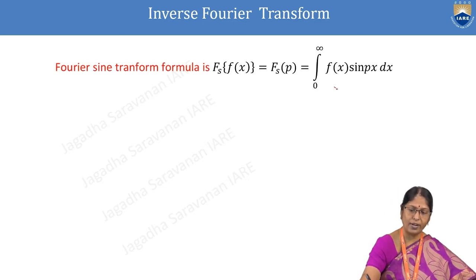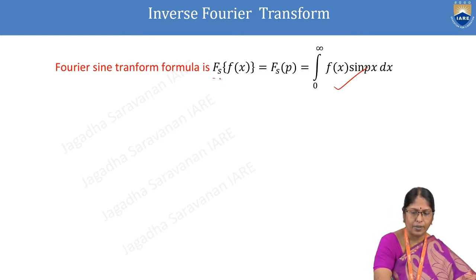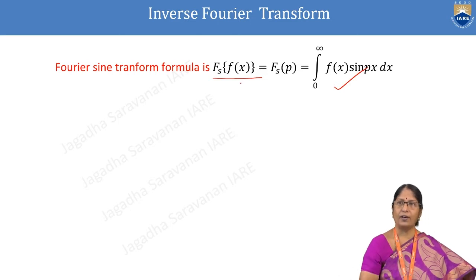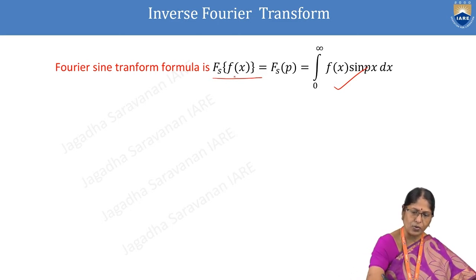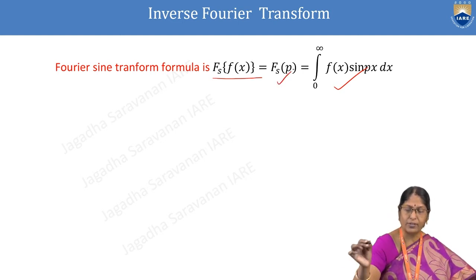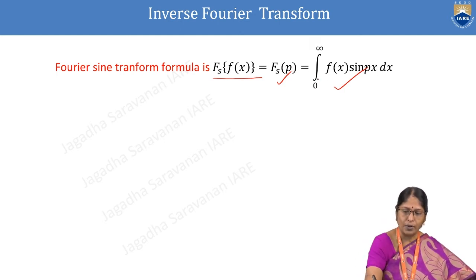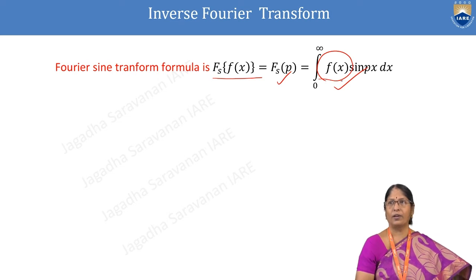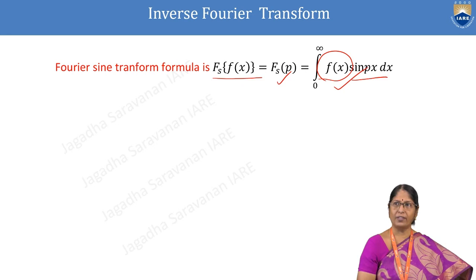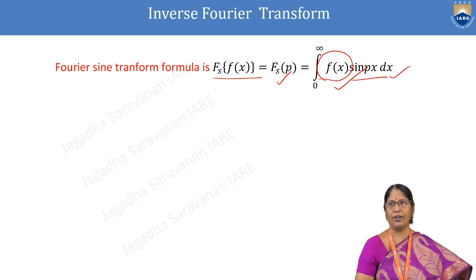So we are now concentrating on the Fourier sine transform formula, that is capital Fs of the function f of x. The Fourier sine transform of the function f of x is nothing but capital Fs of p, which is equal to the function f of x multiplied by sine px dx, and we do the integral with respect to x from 0 to infinity.